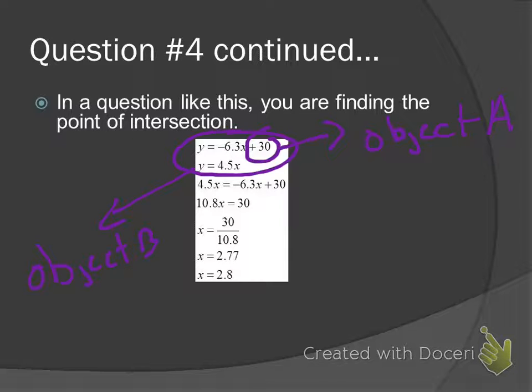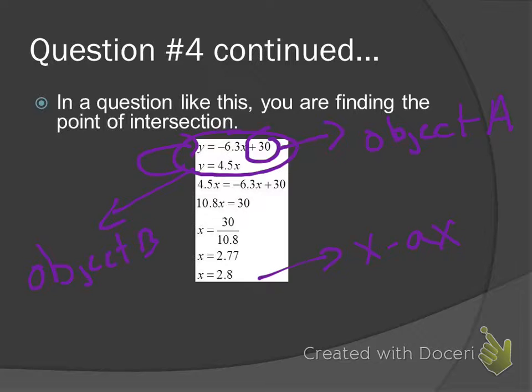We then substitute one equation into the other, so we're substituting y equals 4.5x, putting that value in for our y here. So now we have 4.5x equals negative 6.3x plus 30. We are now going to solve for x. X represents the time, so x is really on the x-axis.